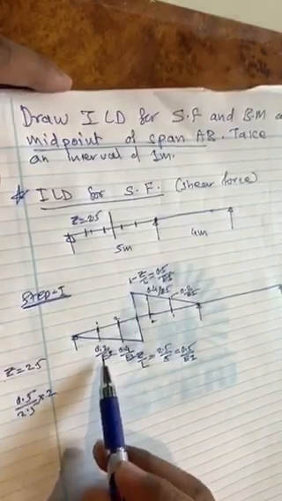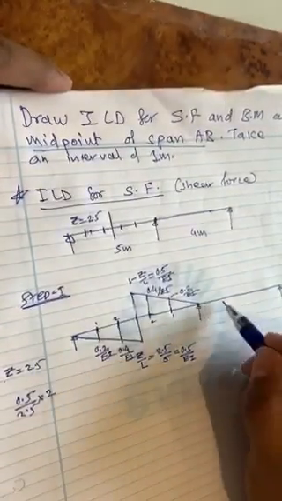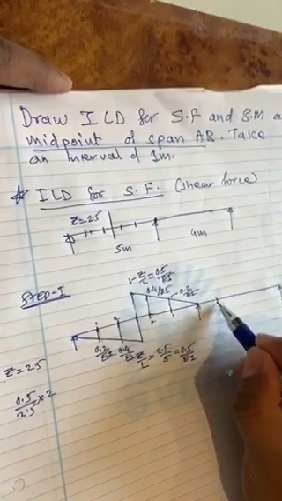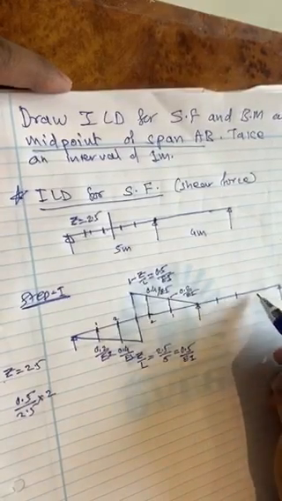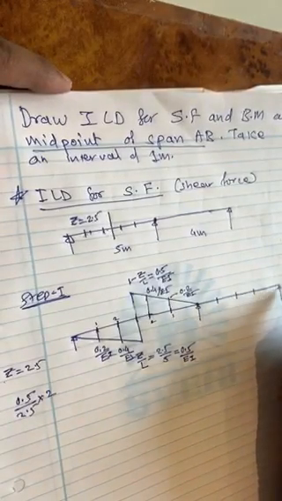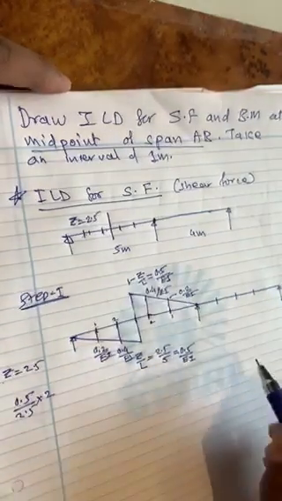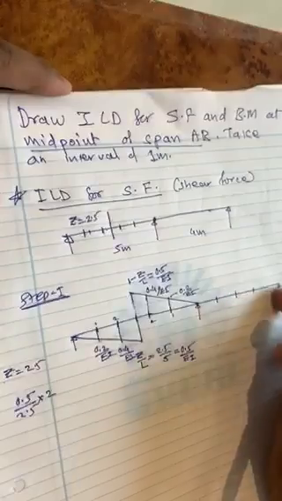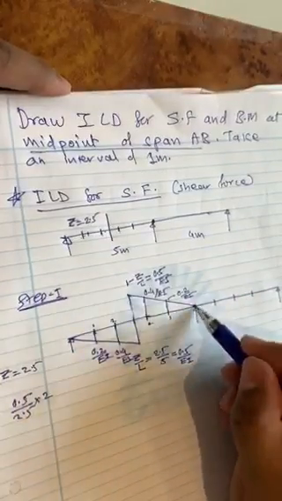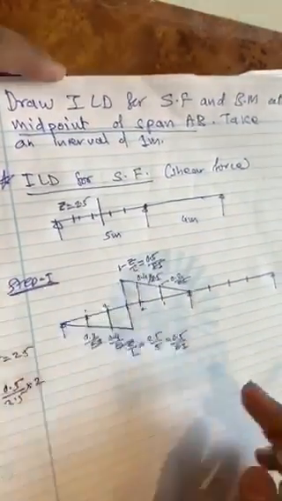So 0.4 by EI, 0.2 by EI, and this side it will have an interval of 1 meter: 1, 2, 3 and 4. So that way you have the interval. But there is no value here because as it is a hinge, it is not going ahead. So this is step 1.